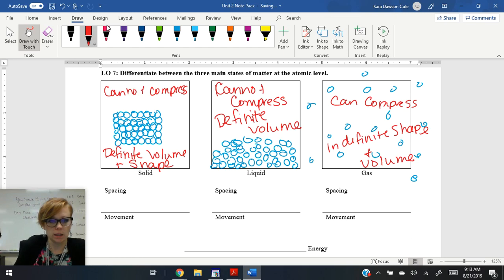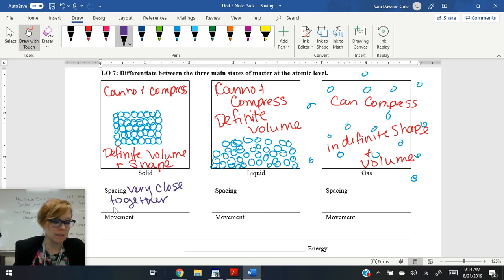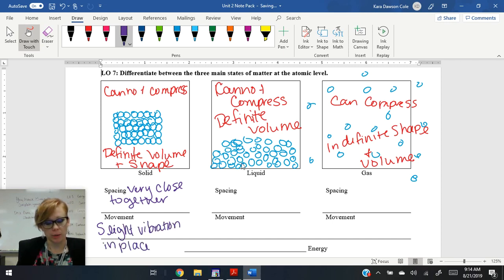So spacing for my solid is very close together. My movement is a slight vibration in place. For my liquid, my spacing is still close together. My movement for a liquid, they slide past one another.